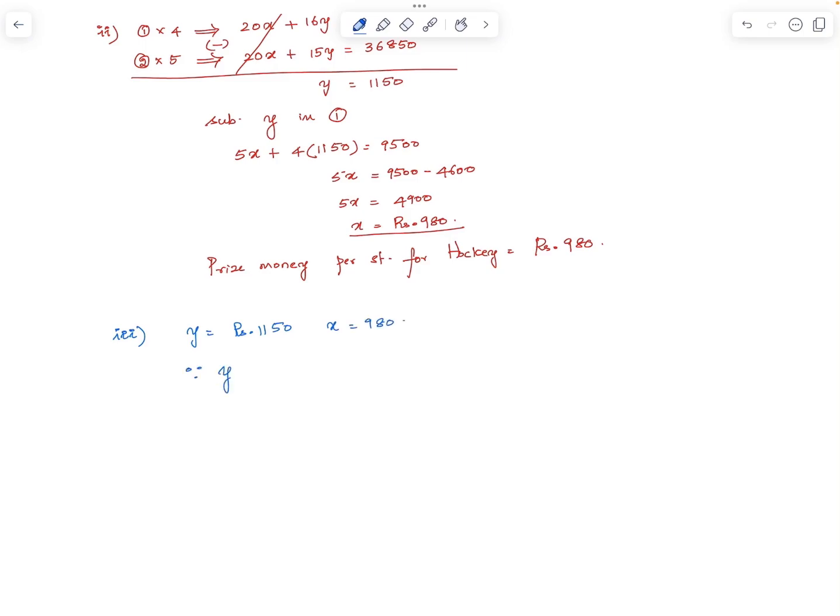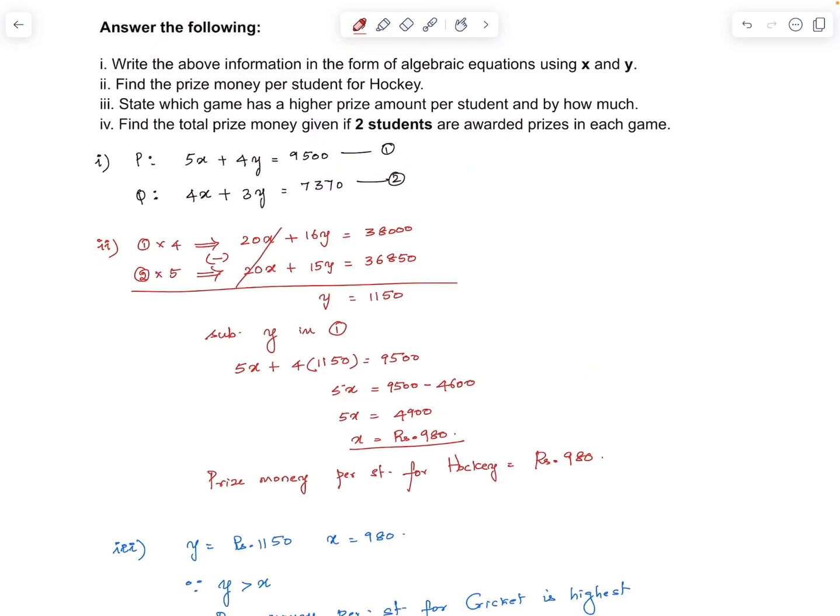So since y is greater than x, prize money per student for cricket is the highest. By how much, we have to give the difference. 1150 minus 980, that is rupees 170.